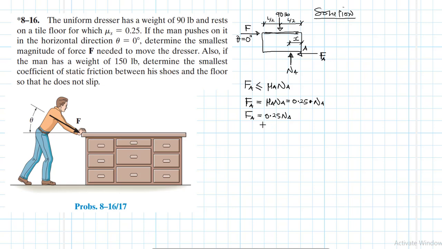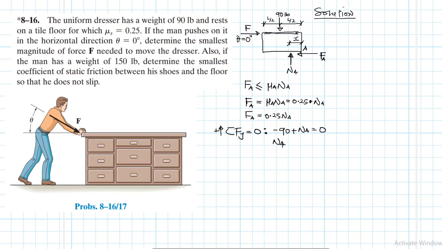With this condition, we can go ahead and apply the equations of equilibrium. Let's start with the summation of forces in the y direction equal to 0. We have minus 90 plus NA equal to 0.